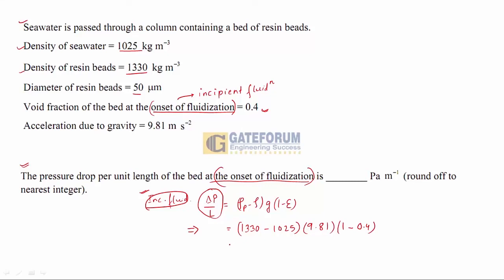So yes, this was a very easy question. On calculating this minus this into 9.81 into 0.6, finally we will get our answer as 1795 Pascal per meter. Mind you, we are to report the final answer to the nearest integer, so you will get obviously 1795 point something, so the nearest integer will be this much. So this is our answer.